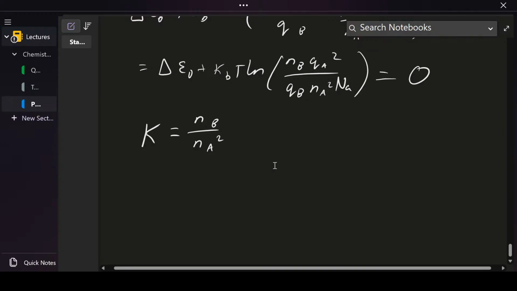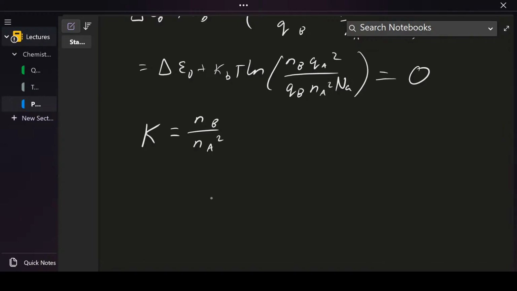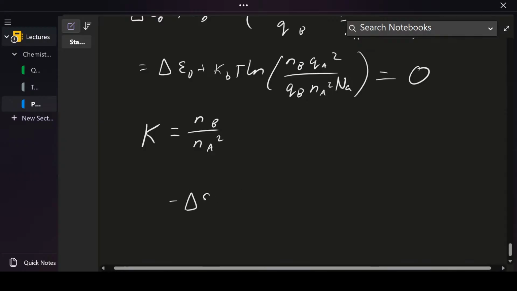And so anyway, I can subtract epsilon naught from here. And so I get negative delta epsilon naught is equal to kBT times this logarithm. I can divide by kBT now, and then take the exponent.